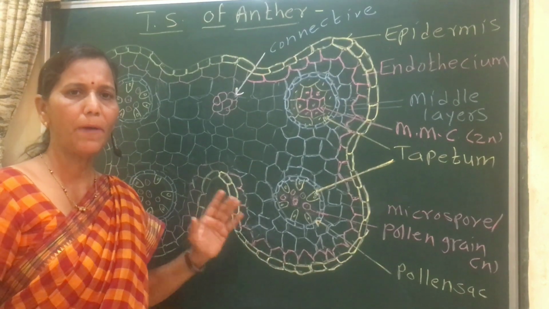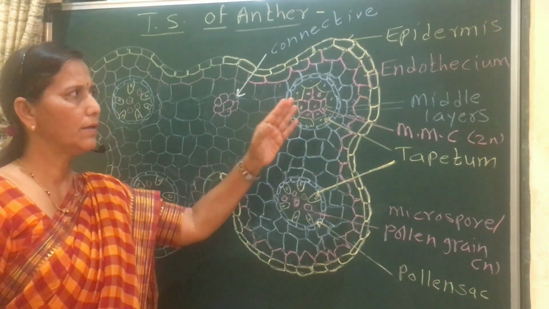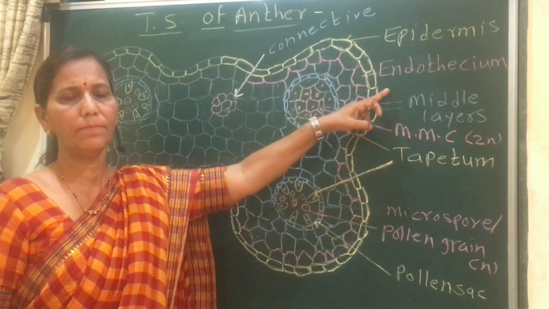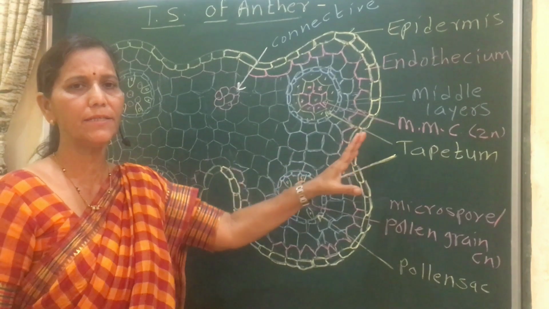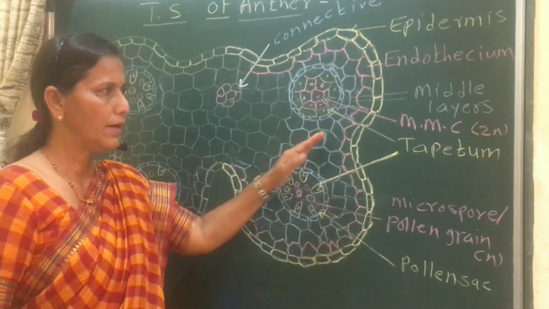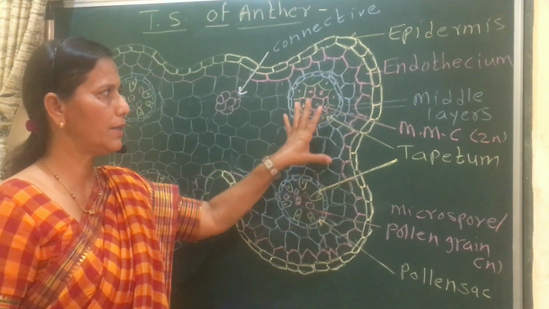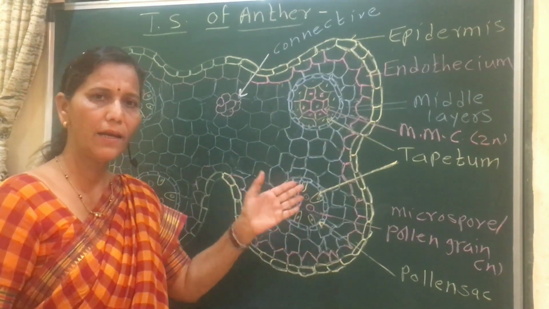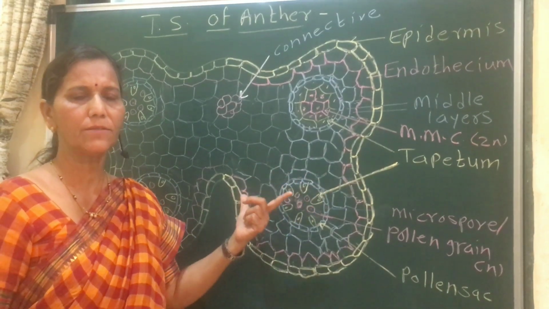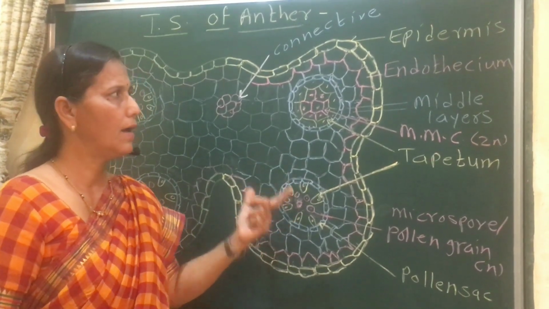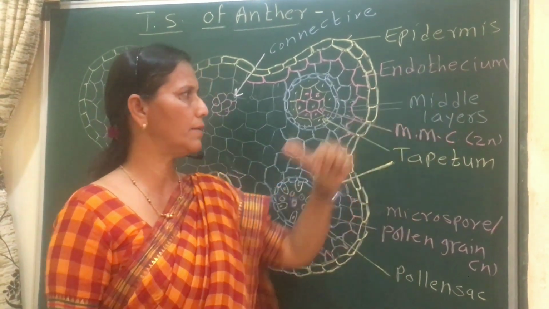It has a fibrous thickening made up of callus, and as this endothecium is hygroscopic in nature, it helps in the dehiscence of the anther. Dehiscence means breaking of the anther. After maturity, pollen grains are released into the environment by breaking, and that process of breaking is called dehiscence of anther. And this endothecium helps in the dehiscence of anther.